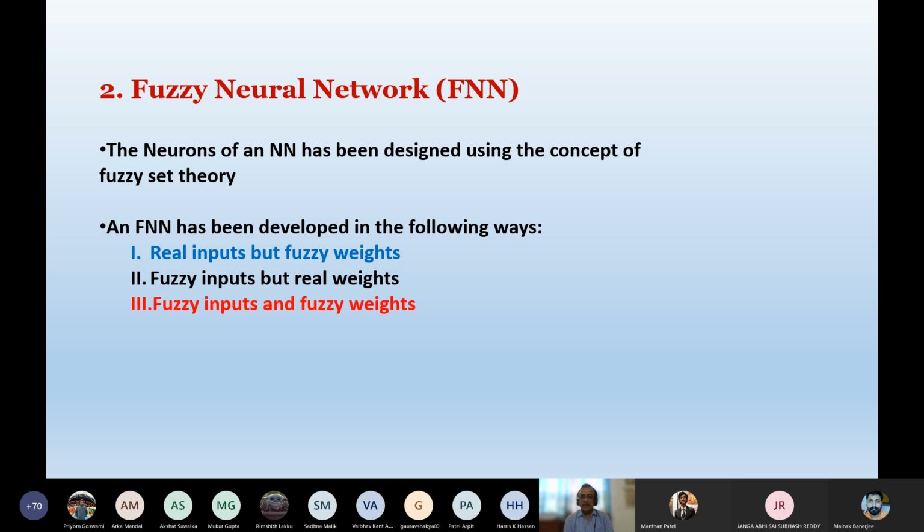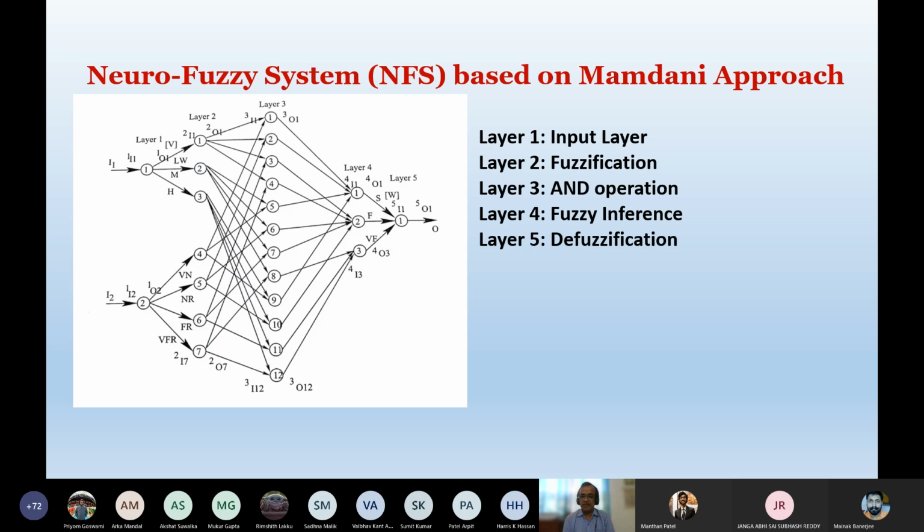This fuzzy neural network may not be very suitable for online implementation, and that is why the fuzzy neural network could not reach the popularity that the neuro-fuzzy system, NFS, has reached. The neuro-fuzzy system is the most popular one, and so far as I know, among all the soft computing approaches, you will get the maximum number of papers on the neuro-fuzzy system. I'm going to discuss the way we could develop this NFS to solve a variety of problems.